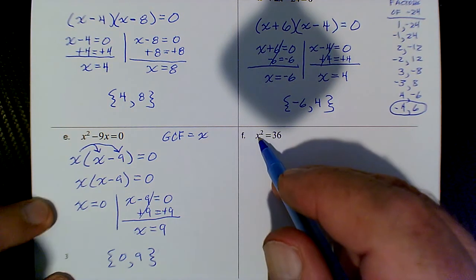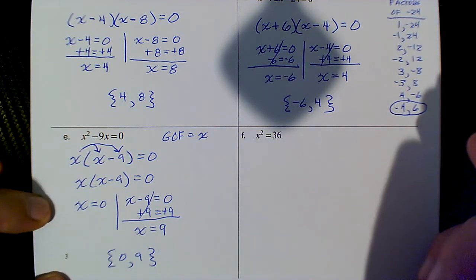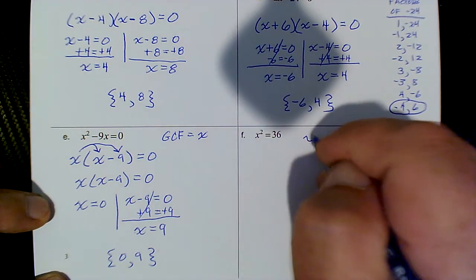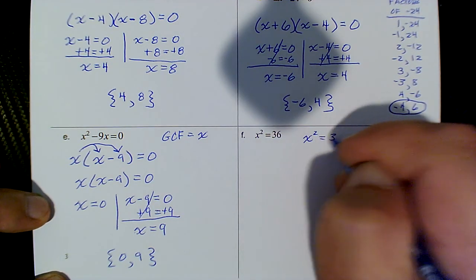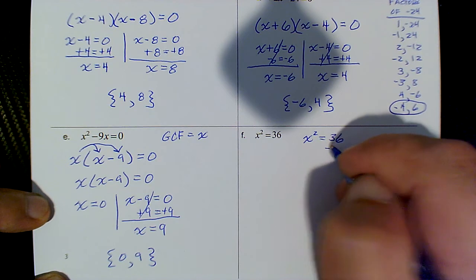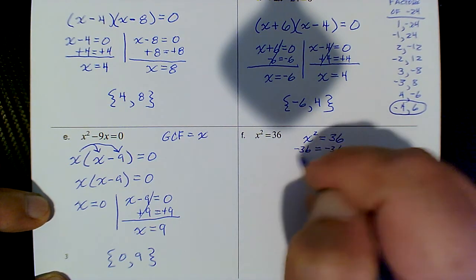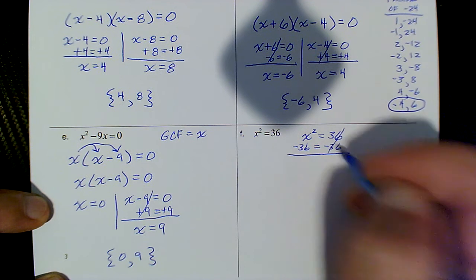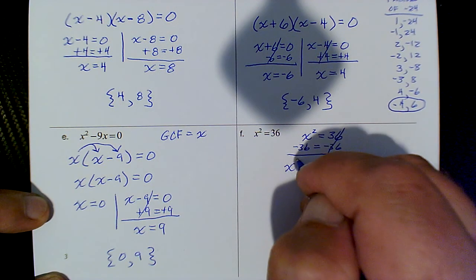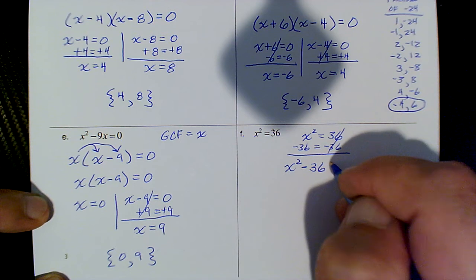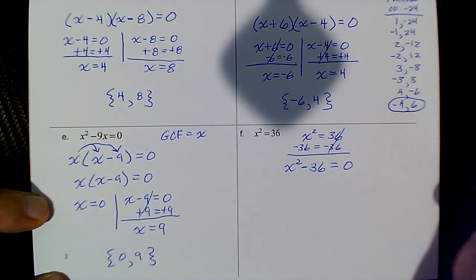Now this one is a quadratic because it's squared, but it's not in standard form. So let me rewrite it here. x squared is 36. We have to set it to 0, so we're going to have to subtract 36 from both sides. Now you can mentally transpose, or just realize, of course, that x squared minus 36 cannot be combined, and that's set equal to 0.